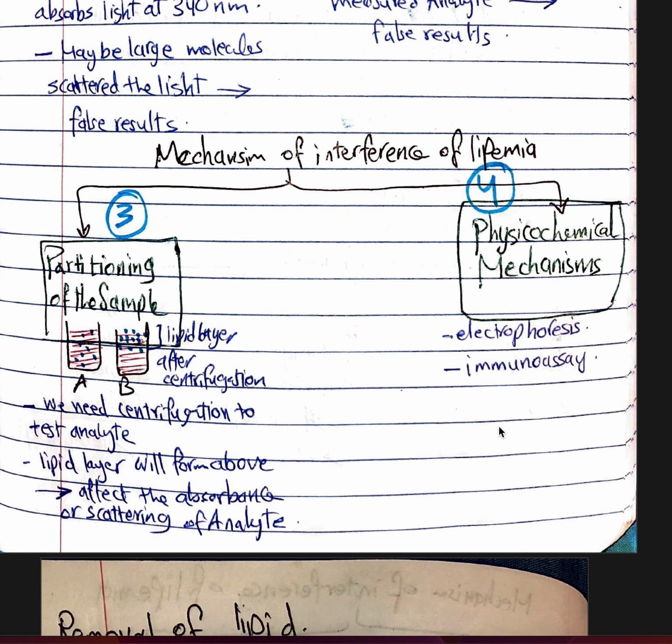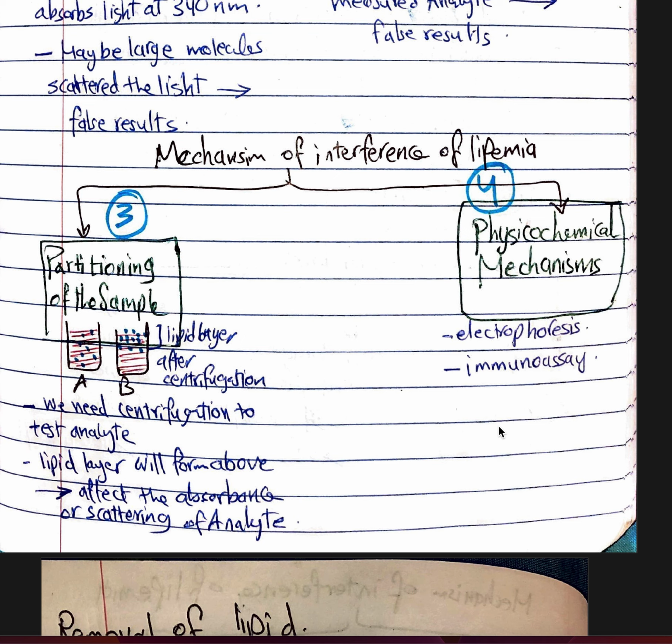Imagine we want to measure an analyte that goes up with the lipid. Then these lipids scatter the light or prevent the absorption of light, so I cannot measure the analyte. Or imagine the analyte precipitates below, so I also cannot measure it because they are scattering the light.